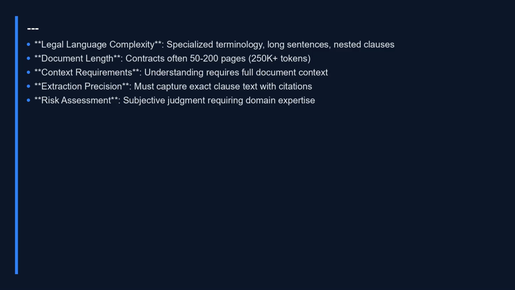Fourth, extraction precision has to be exact. You need the actual clause text with its location, not a paraphrase. Fifth, risk assessment is inherently subjective. It requires domain expertise that has to be encoded into training data carefully. Each of these challenges shapes a decision we make in the architecture.